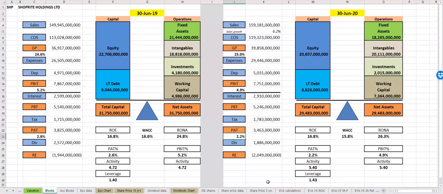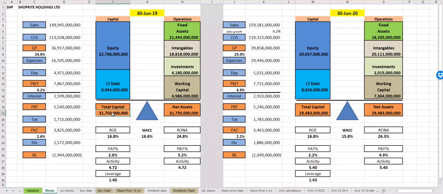So I'm stripping that out, and when you look at Shoprite in 2019, the total capital or the invested capital in the business is just a little under 32 billion. Fast forward to 2020, that invested capital has dropped down a little bit for two reasons.